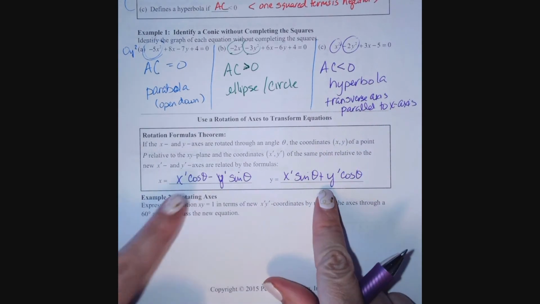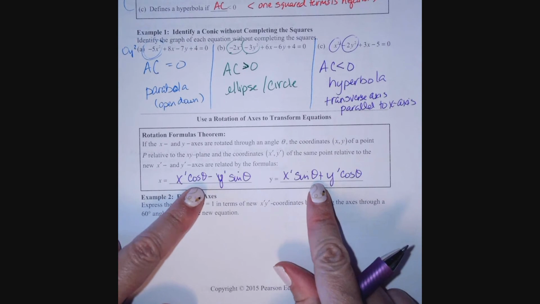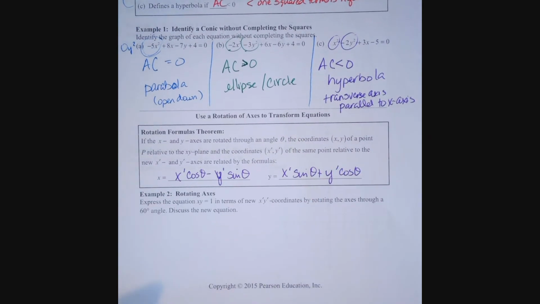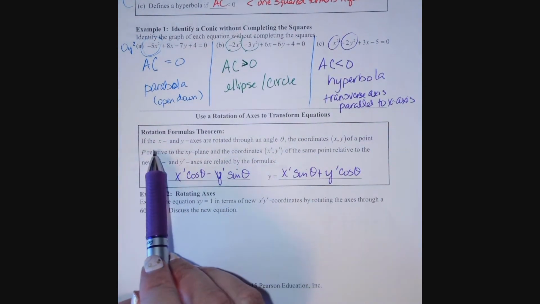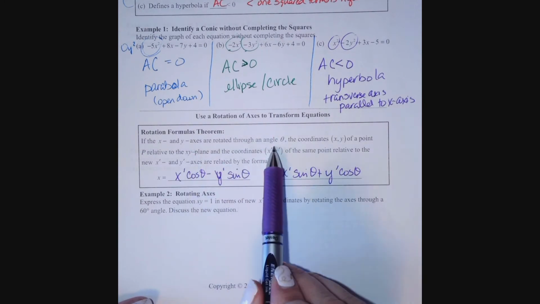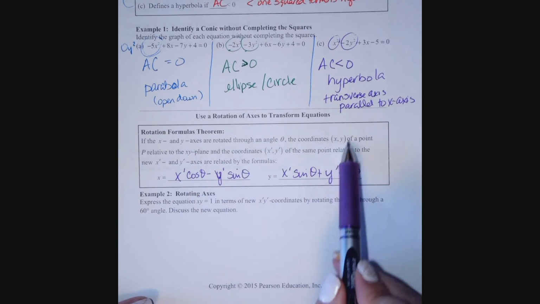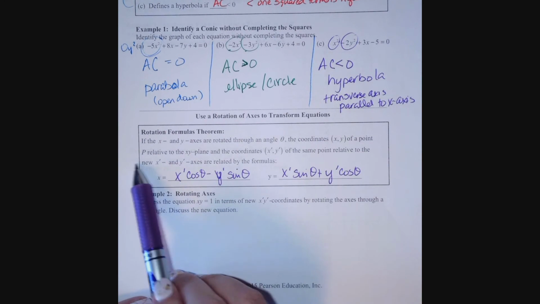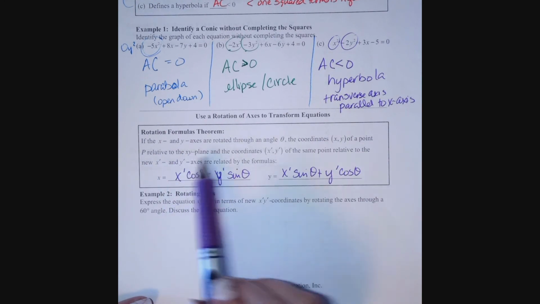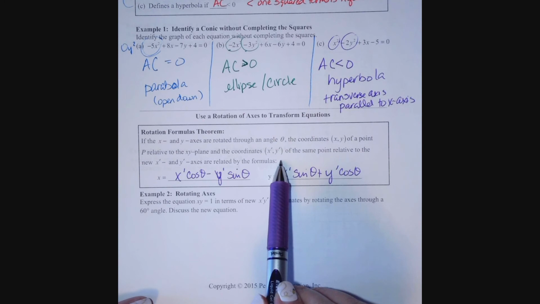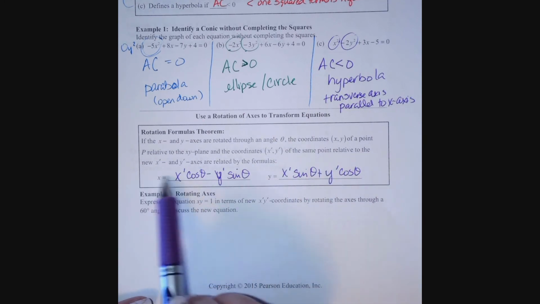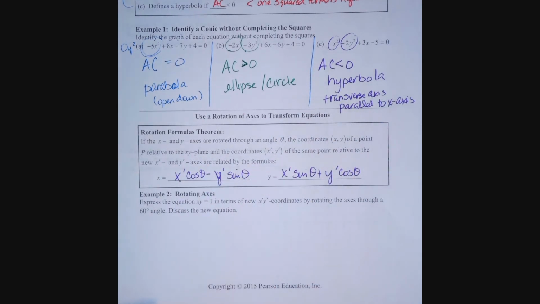So you can see that I have switched orders here and I've changed operations. Okay, so if the xy axes are rotated through some angle theta, the coordinates xy of a point P relative to the xy plane and the coordinates x prime y prime of the same point relative to the new axes are related by these formulas.